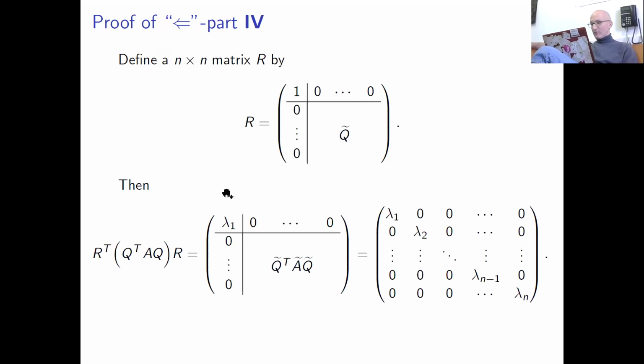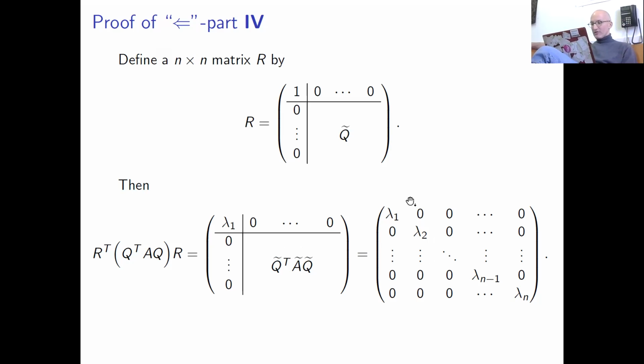Now observe what happens if you multiply our matrix Q transpose AQ by R on the left and by R transpose on the right. The first row looks like 1, 0, 0 and the first column looks like 1, 0, 0, 0, so nothing happens with the first row and the first column. But the n-1 times n-1 part is just our matrix A tilde multiplied by Q tilde on the right and Q tilde transpose on the left, and we already know that this part is diagonal. So we get a diagonal matrix.